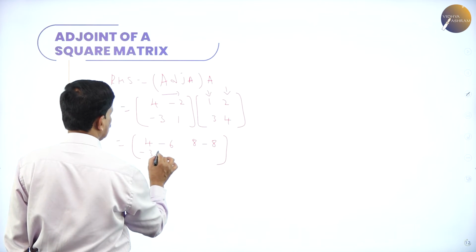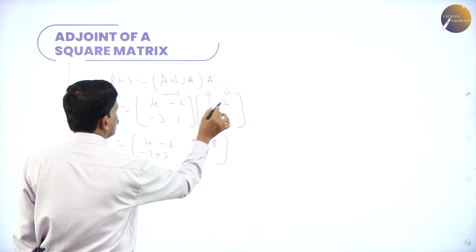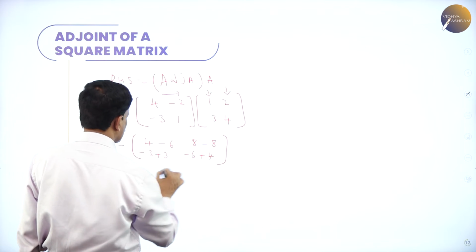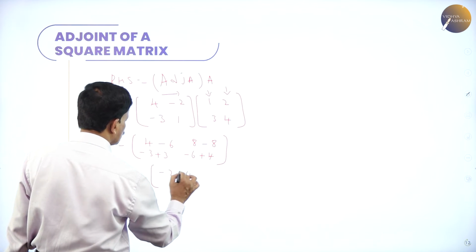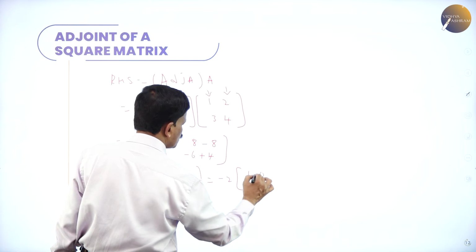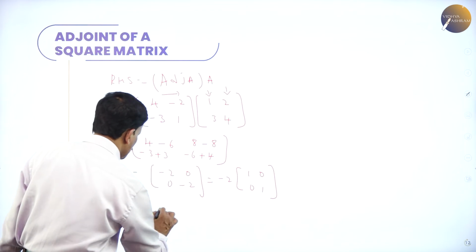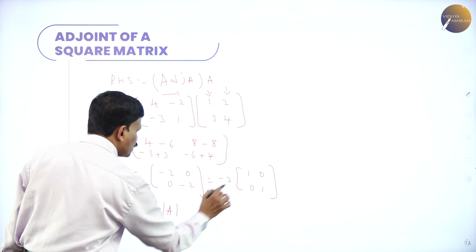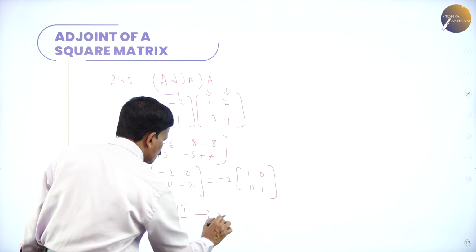Again, minus 3 1s are 3, plus 1 3s are 3. Again minus 3 2s are 6, plus 4 1s are 4. This is equal to [minus 2, 0; 0, minus 2]. You can take minus 2 out, [1, 0; 0, 1]. Minus 2 is nothing but determinant of A. This is nothing but I, equation number 2.